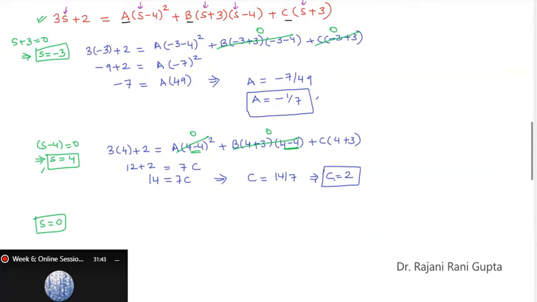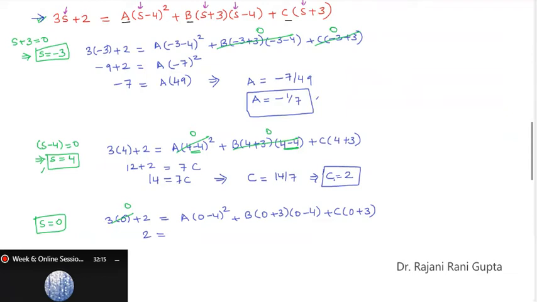So let's use s equal to 0 in this equation again. This gives you 3 times 0 plus 2 equal a times (0 minus 4) power 2, plus b times (0 plus 3)(0 minus 4), plus c times (0 plus 3). So 3 times 0 becomes 0. Here you are left with just 2 on the left side.